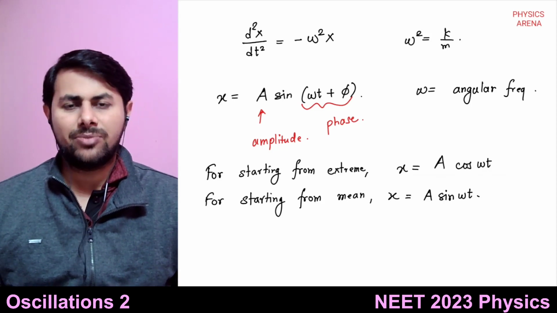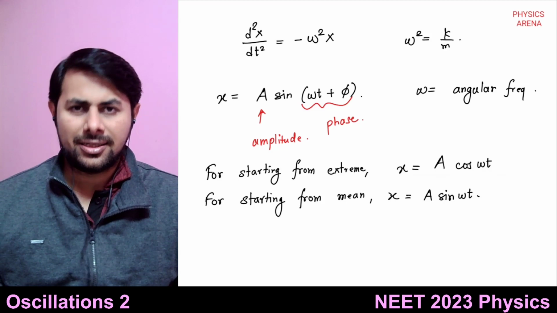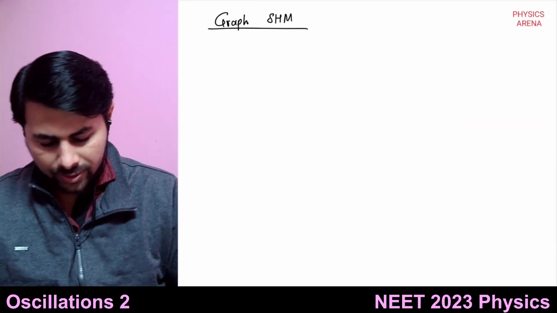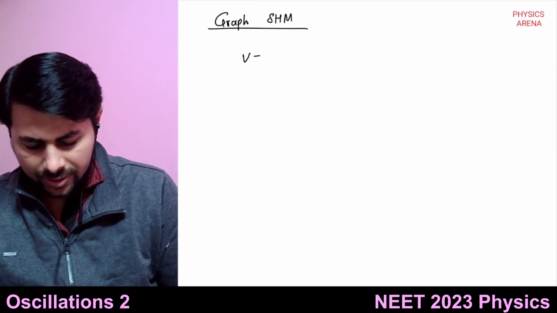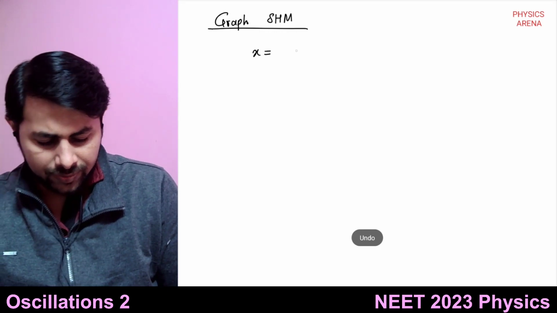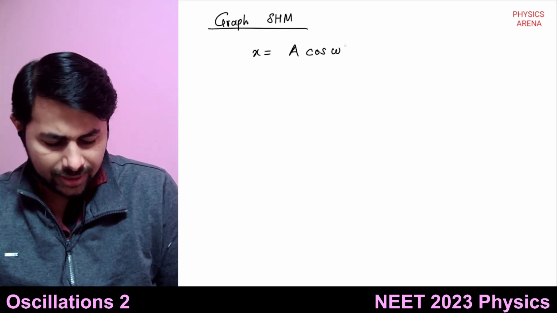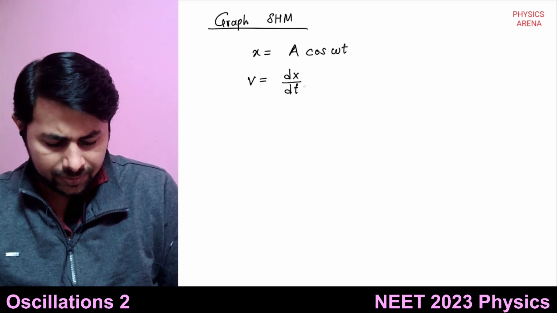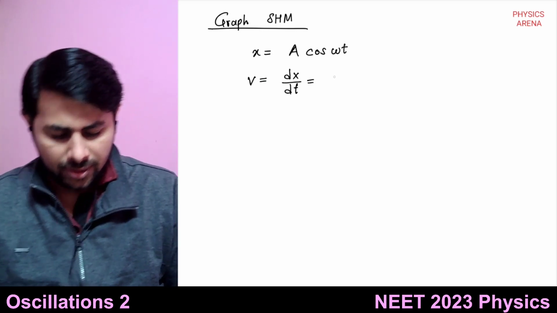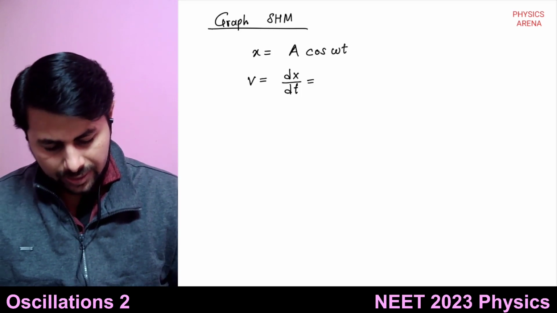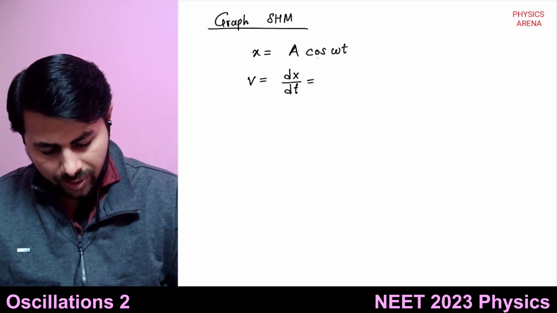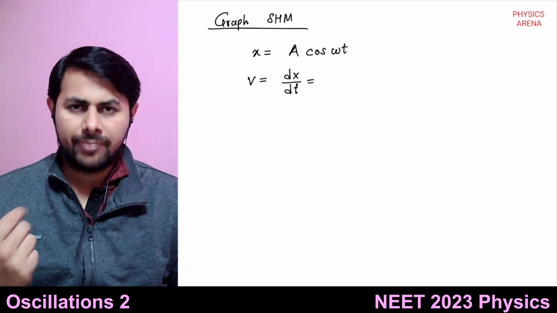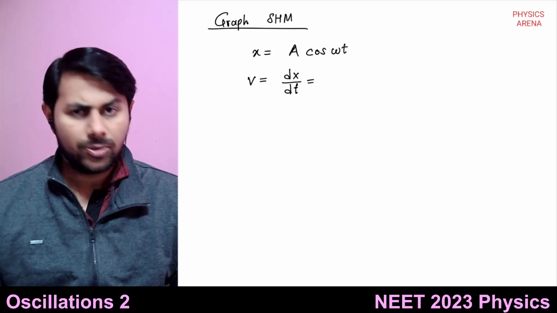Let's find the expressions for the velocity and acceleration. Velocity is dx by dt. If we take the derivative, the derivative of cos of omega t is minus omega into sine of omega t.